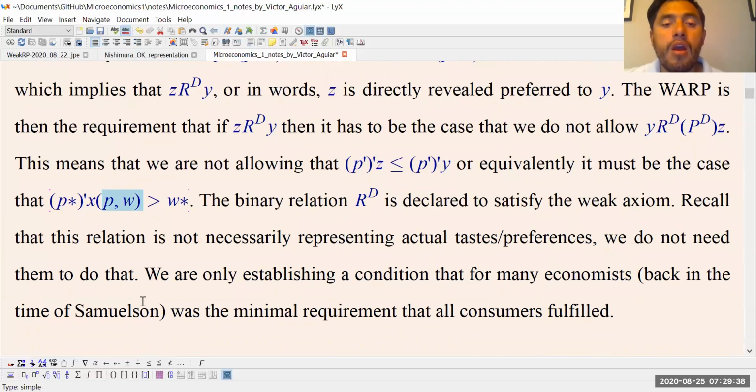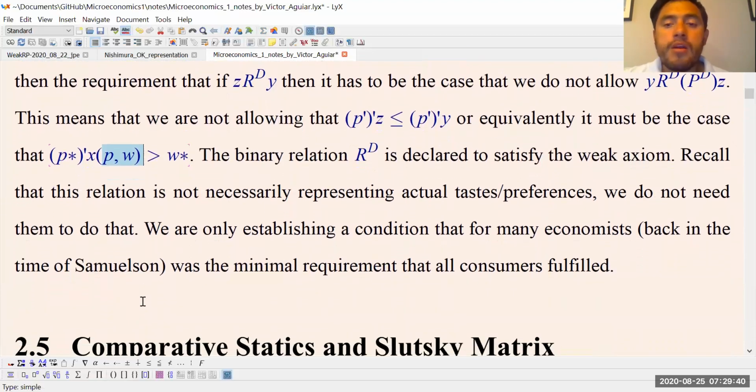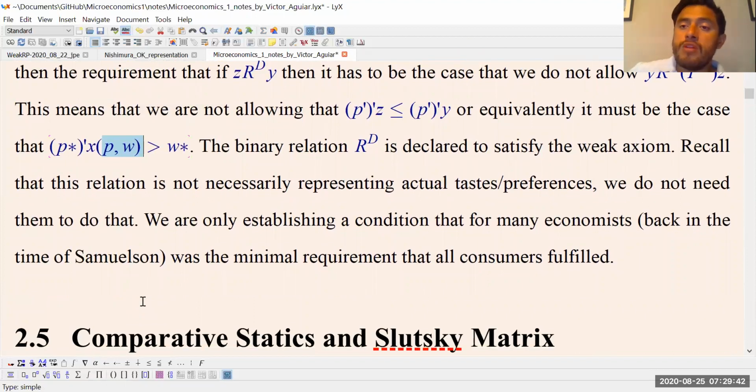Okay? So this condition was established originally by Samuelson, and he said, look, this condition is so natural that I will call it the weak axiom of revealed preference, because it is so weak and robust that it must be true, right? Now, we know better currently, right? And this is, of course, a behavioral hypothesis.